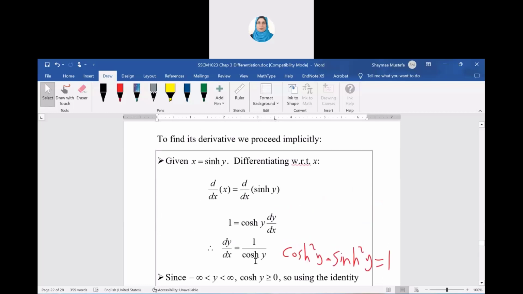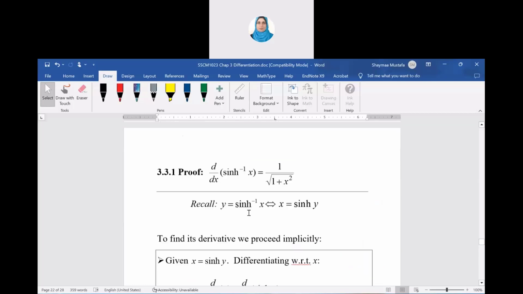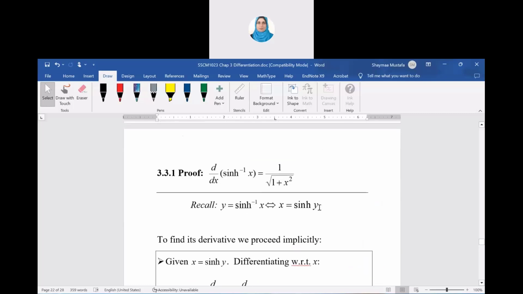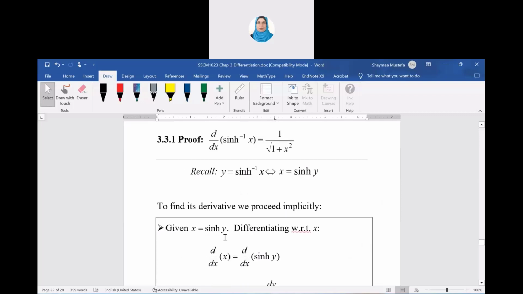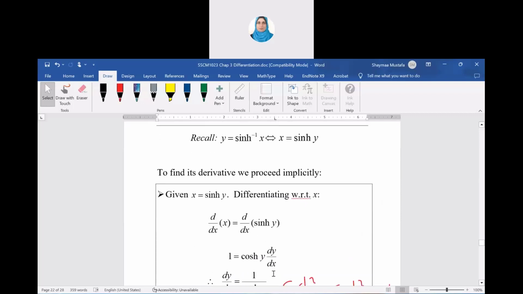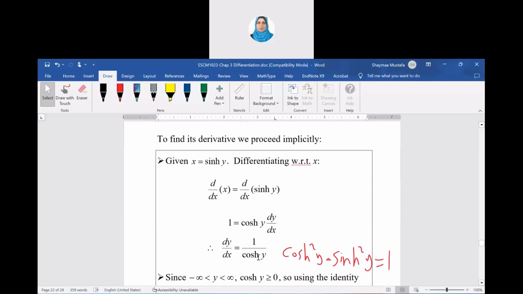So this is exactly the same as we did for sine inverse and cos inverse. Take y equal to sine inverse x, then x equals sine y. Do the implicit derivative, and you will have 1 over cos y. Now apply the identities. Because I have sine y, you need to relate cos to sine.